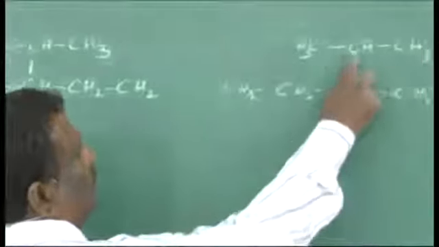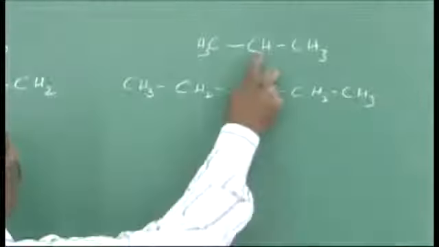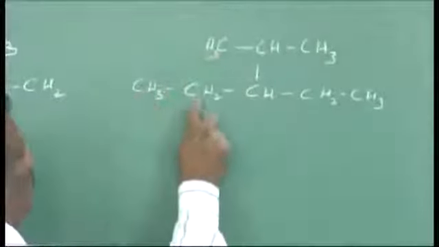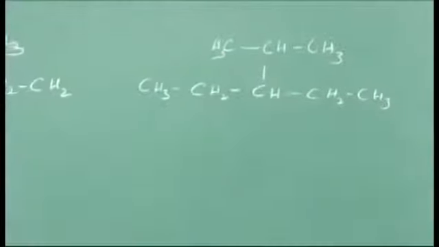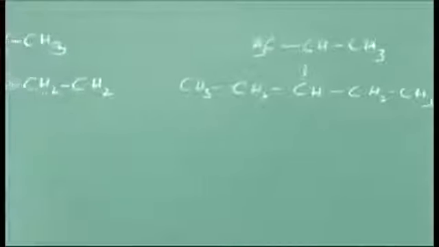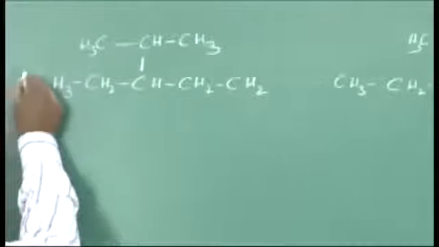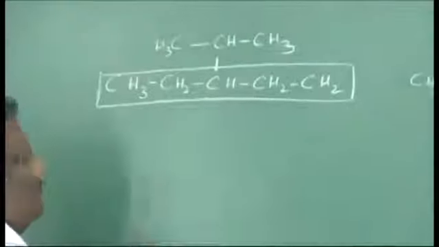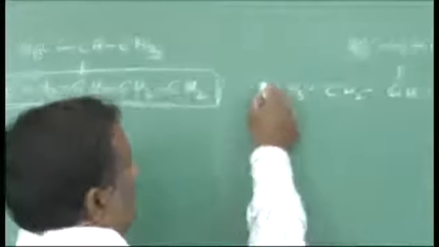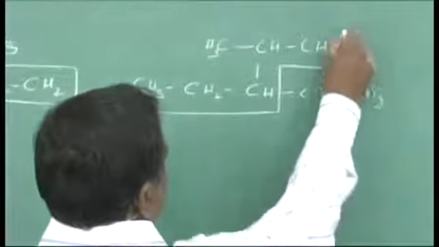So in any direction you can get a main chain. Suppose in the first case I select this as a main chain, and in the second case I take this as a main chain.